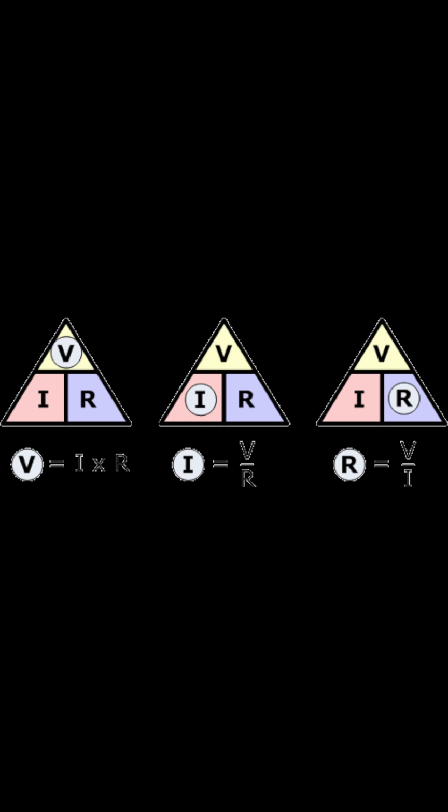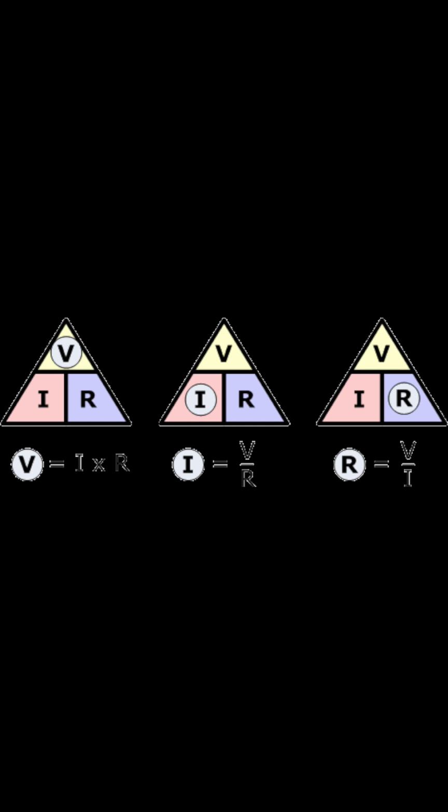The first formula states that the voltage can be found if the current and resistance are known. Voltage is equal to amps multiplied by ohms. For example, assume a circuit has a resistance of 50 ohms and a current flow through it of 2 amps.